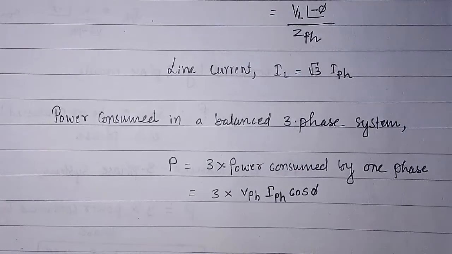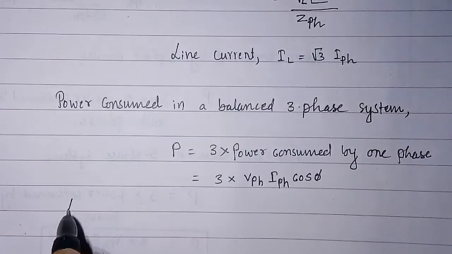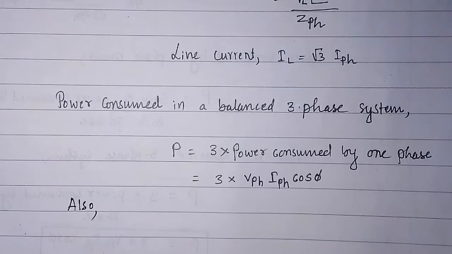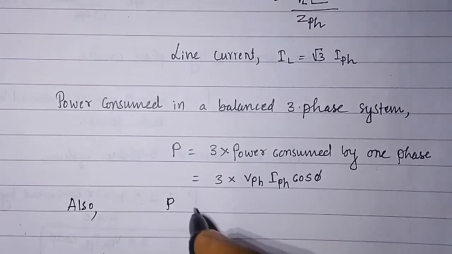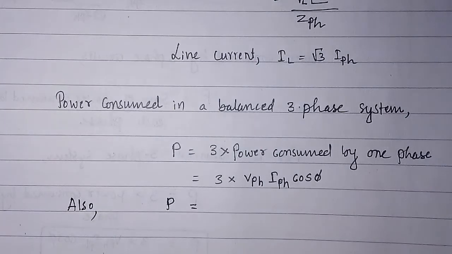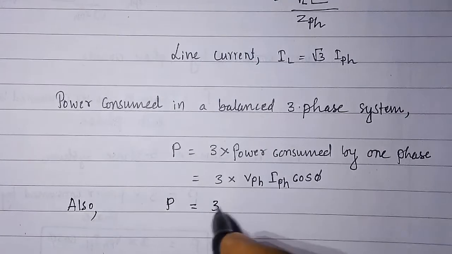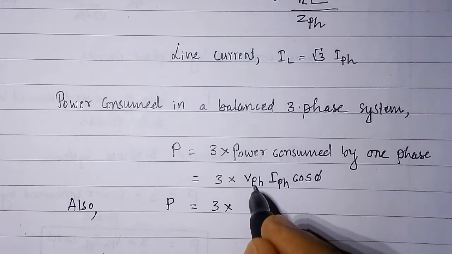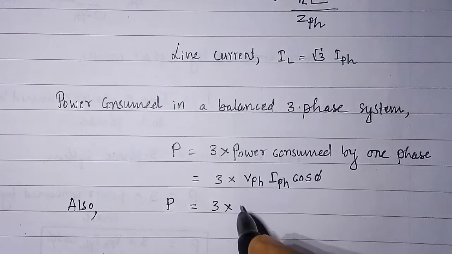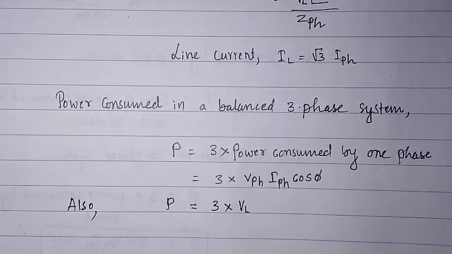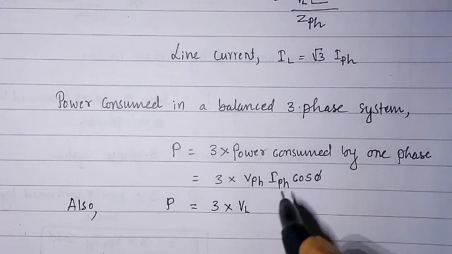If we consider line quantities, then power consumed capital P will become 3 into VPH. VPH is equal to VL, we have written. And what is IPH?